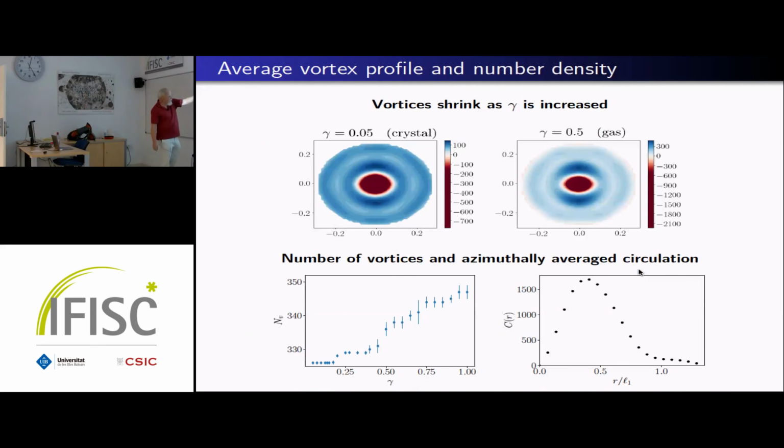Because the vortices are smaller at larger gamma, as you increase gamma, the number of vortices in this dense gas at large gamma slightly increases, as you can see in this plot here.